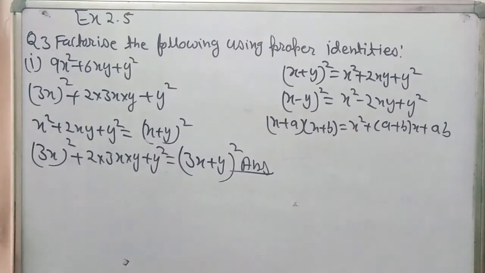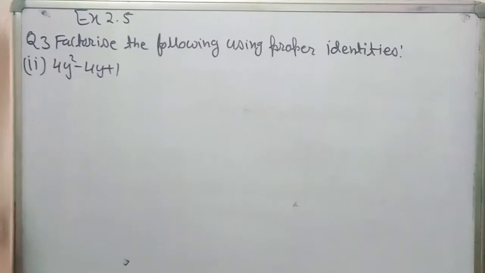Always remember, whenever you have to factorize, first judge the number of terms, and after that try to correlate the given expression with one of the identities. Only then are you able to factorize them in a correct manner.